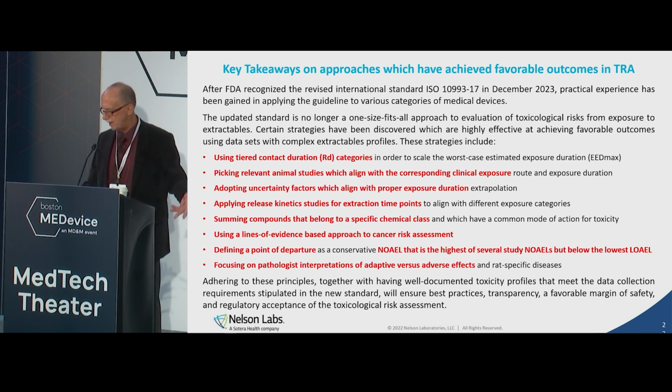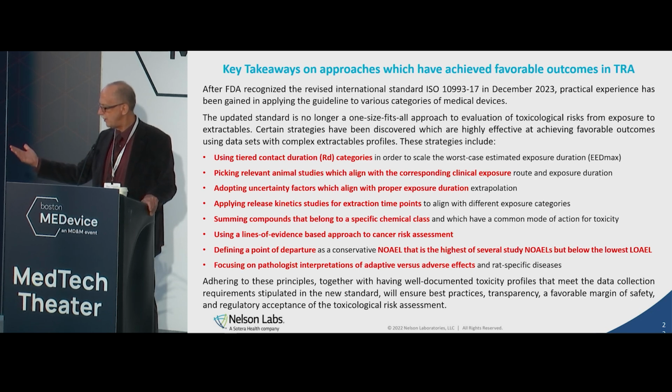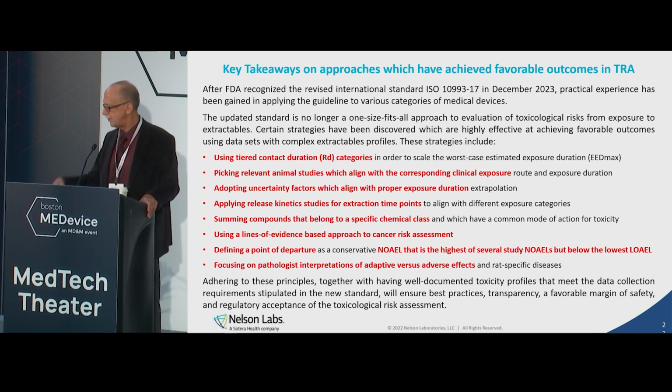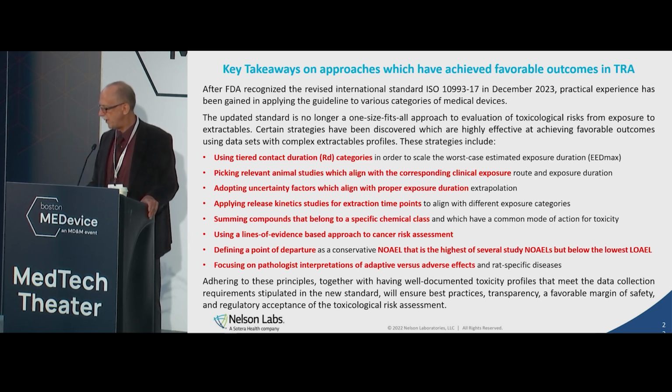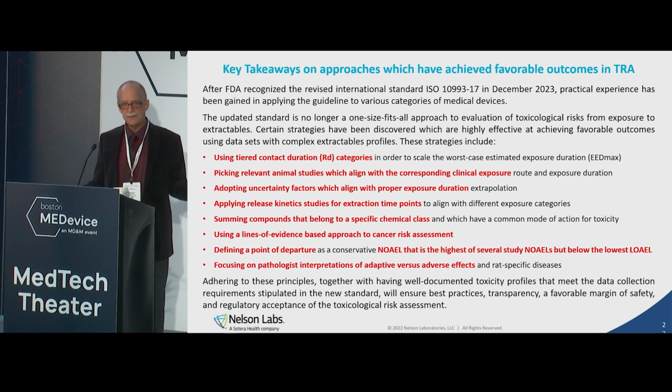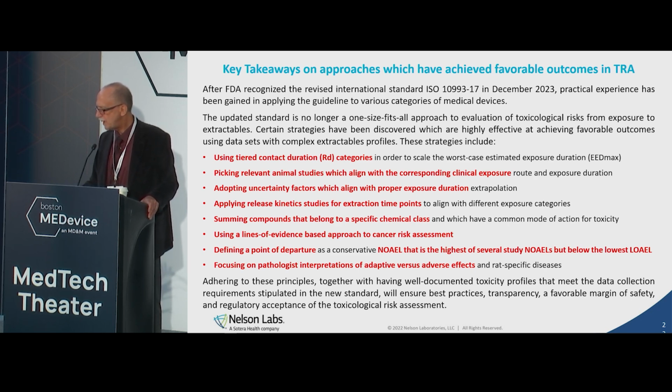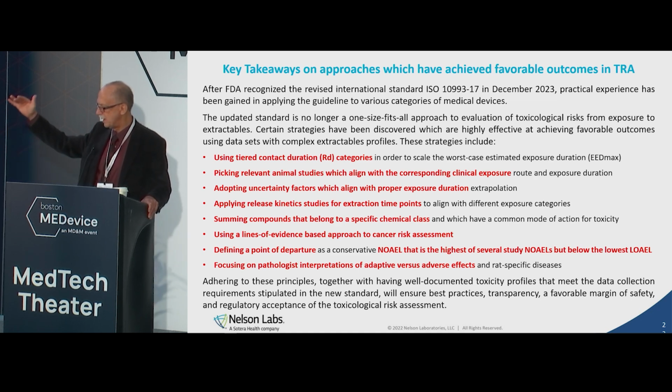These strategies, which I've just covered: tiered contact duration RD categories to scale the exposure to the proper duration, picking the relevant animal studies from several to align with the corresponding clinical exposure duration, adopting uncertainty factors similarly appropriate for that exposure duration, applying release kinetic studies for individual extraction time points to align with those exposure categories, summing compounds that belong to the same chemical class that have a common mode of action, using lines of evidence to assess something that's a carcinogen, defining point of departures as a conservative NOAEL that's the highest of several different study NOAELs but below the lowest low effect level.